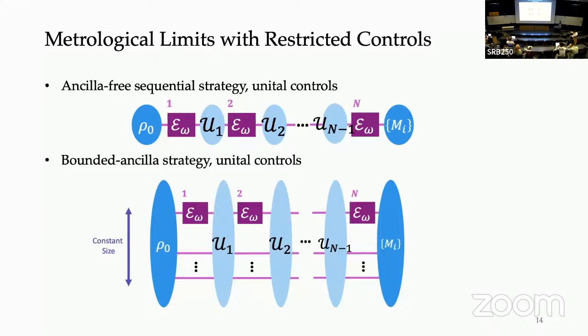Yeah, there might be some connection, but currently I don't see that it directly applies to error mitigation, because the protocol I consider has the unknown parameter in the quantum channel instead of in the initial input state. If it's in the initial state, then maybe you can consider how the phase information changes after the evolution. But since every time you put some new signal in the sequence, there's some distinction, but maybe there is some connection. I don't know.